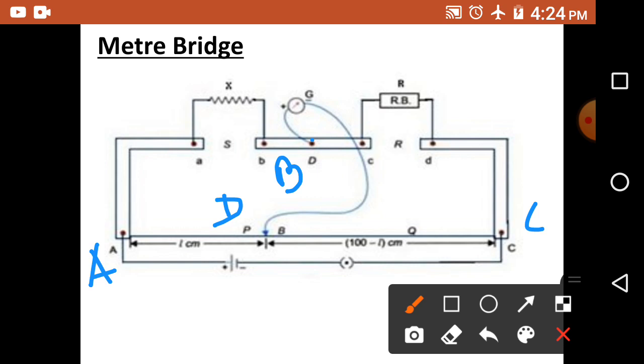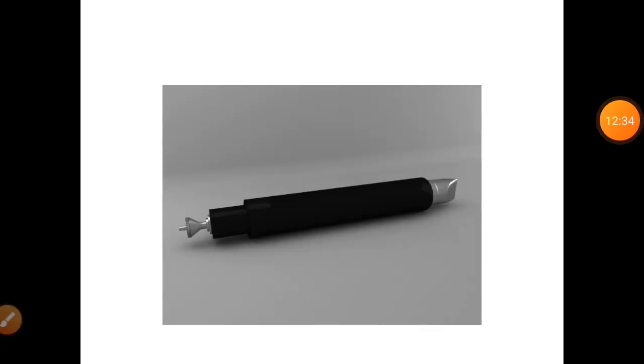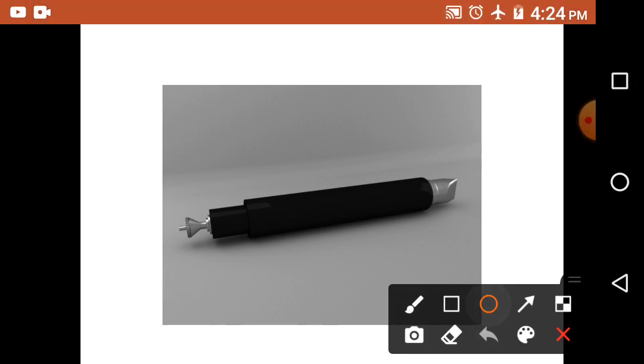To find the point D, we are going to use a pencil jockey which is going to slide on the wire. So this is the image of a pencil jockey. It has a point of connection at this end, and this is the point which is going to slide on the wire.